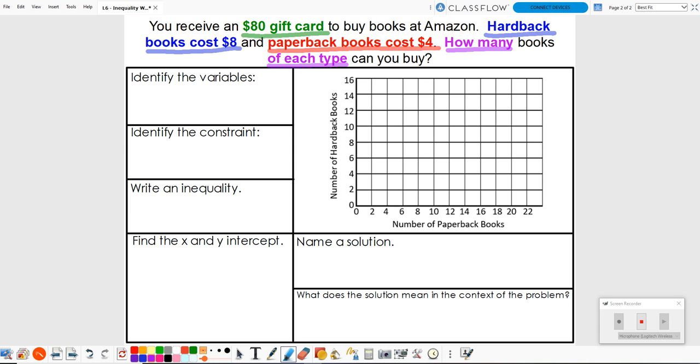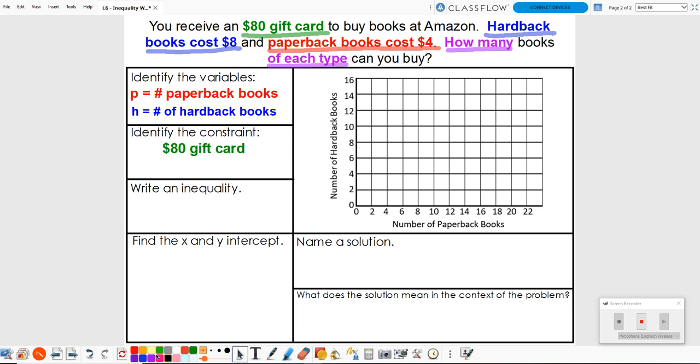Okay, so that question is going to guide us through identifying our variables. We want to know how many of each type of book we can buy. So the first variable I'm going to use is P, which will represent the number of paperback books. And then I also want to know H, how many hardback books can I buy? Okay, our constraint, remember, that's our limit. That's all the money we have to spend.